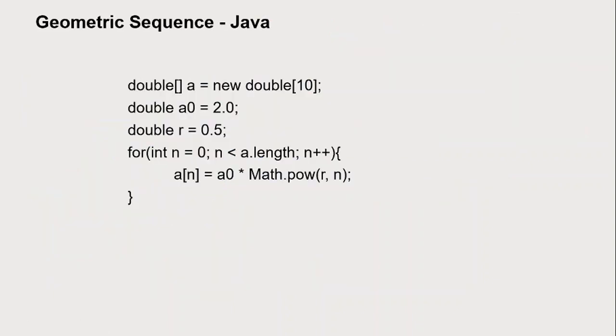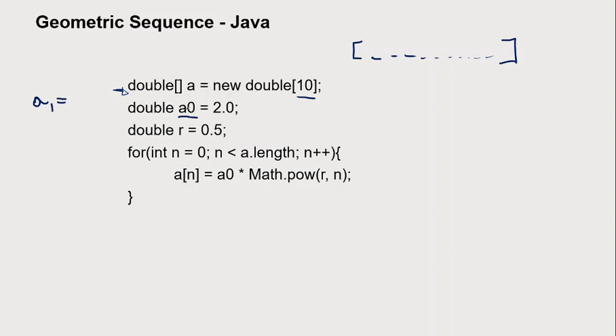Now, geometric sequence in Java, so similarly trying to implement GPs into your favorite programming language. We start by defining an array, so we open a new array of 10 positions. So my array, I can just imagine it like this, will have 10 empty spaces. We define a value of a, which is what we called previously a1.